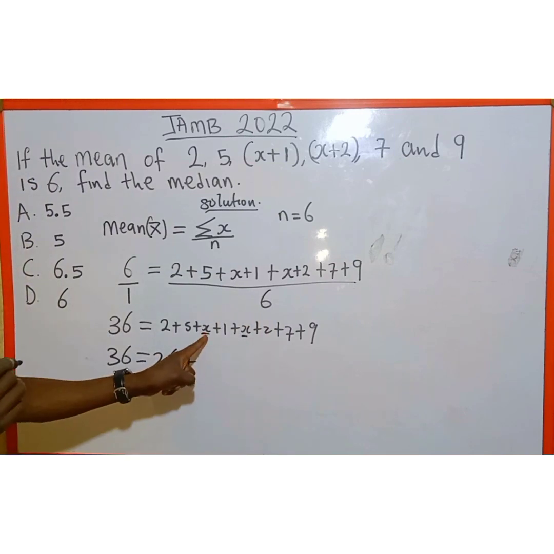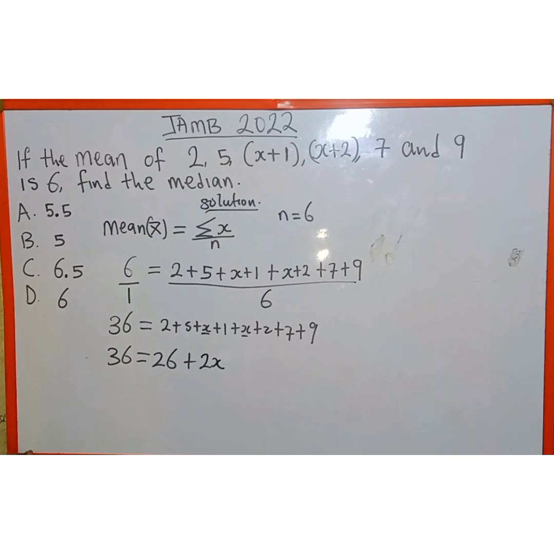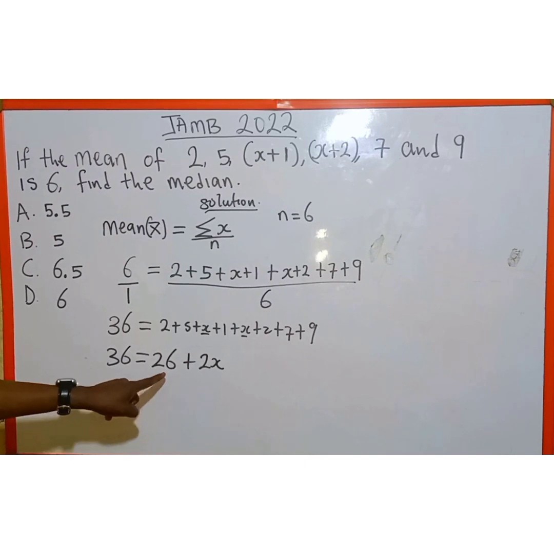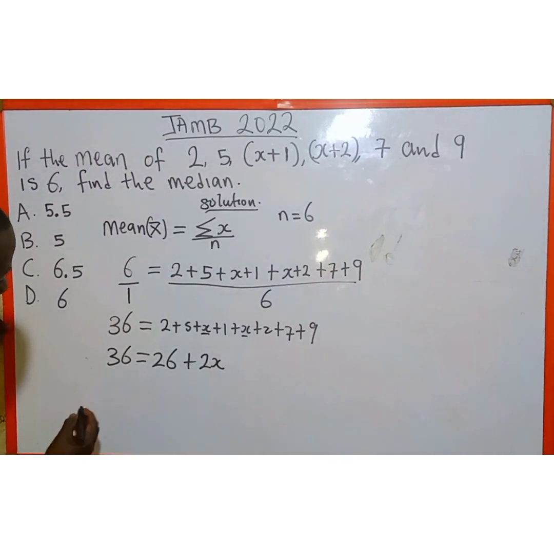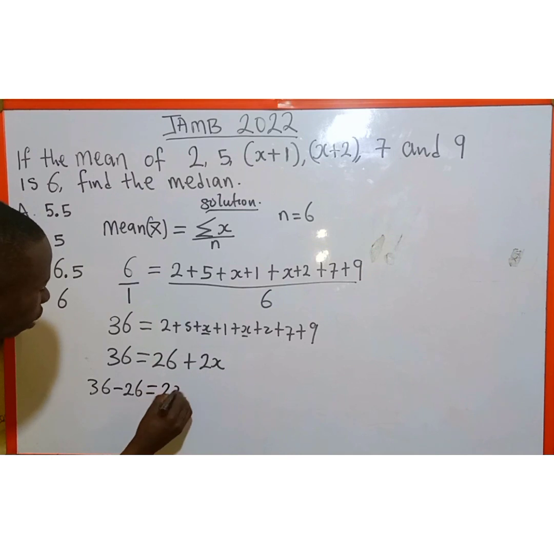Then we add the unknowns together. We have two unknowns, x plus x gives us 2x. The next thing is to add negative 26 to both sides, in order to eliminate this 26. On the left hand side, we have 36 minus 26, which is equal to 2x.